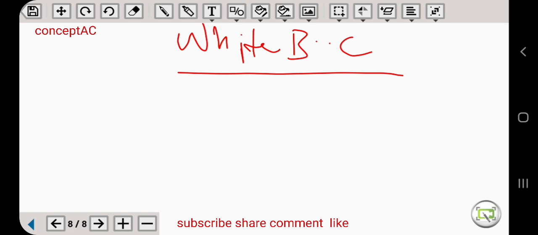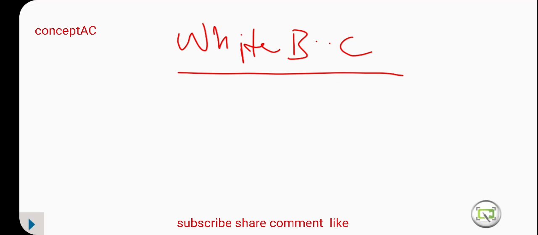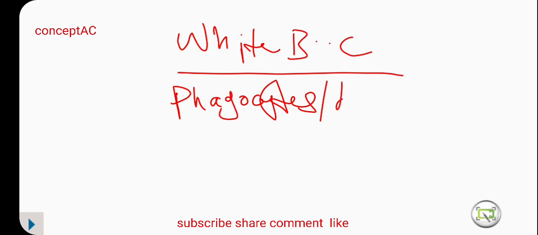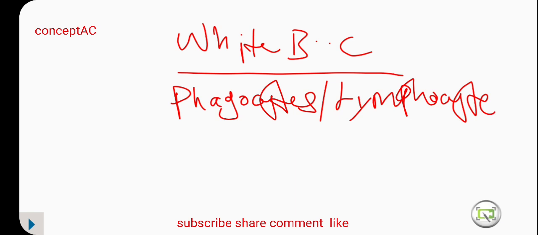There are two types of white blood cells. We have phagocytes and lymphocytes. The function of a phagocyte is to defend the body against infection by engulfing and digesting the germs.